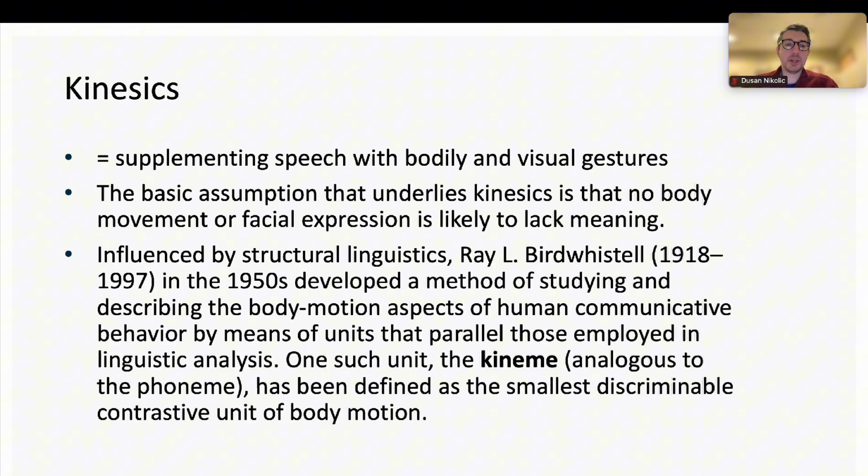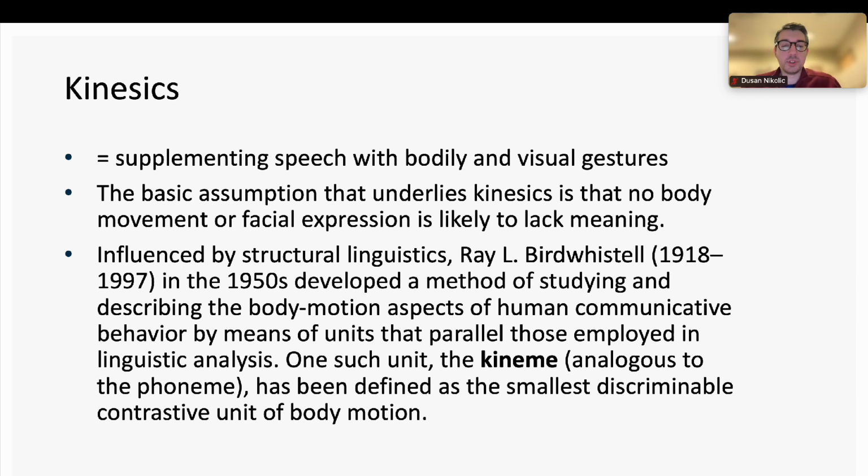It was influenced by structural linguistics, and Ray L. Birdwhistell, in the 1950s, developed this method of studying and describing the body motion aspects of human communicative behavior, wanting to parallel phonemes, for example, or morphemes in structural linguistics. He invented kinemes.